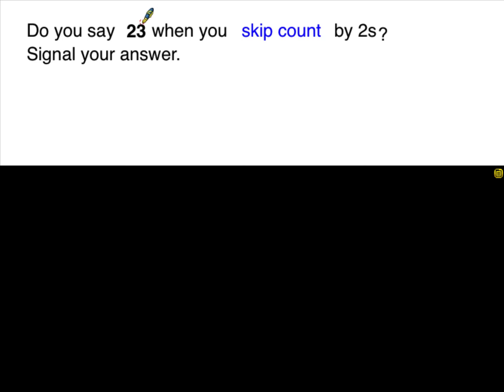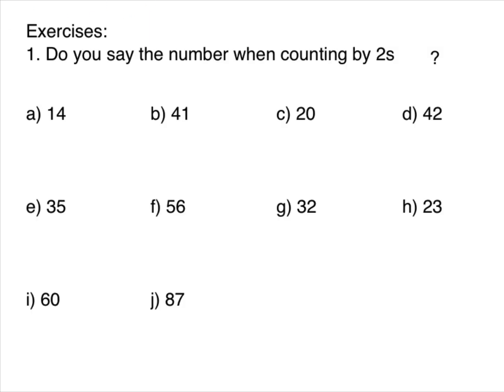So does 23 end with a 2, 4, 6, 8, 0? No. So then we don't say 23 when we are skip counting by twos. When we skip count by twos, it has to end with 2, 4, 6, 8, 0. So, do we say 14? Yes.